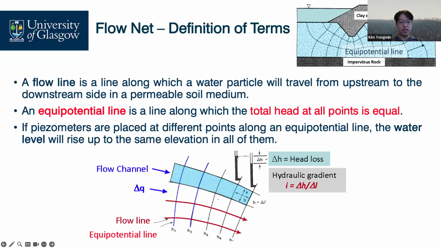For example, this height is A. You can install your piezometer here. Your height is also A. This point also A. This water height is probably B. This water height is also B, also B. For these two equipotential lines, the difference is A minus B. These differences stay constant.